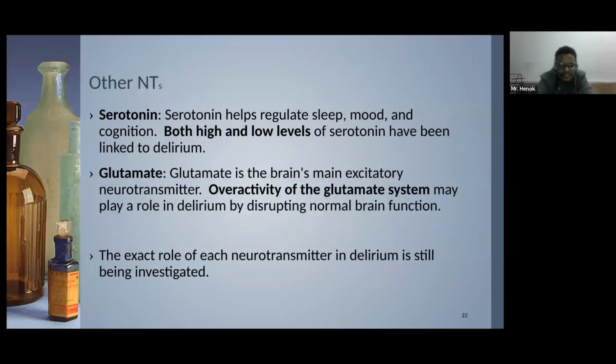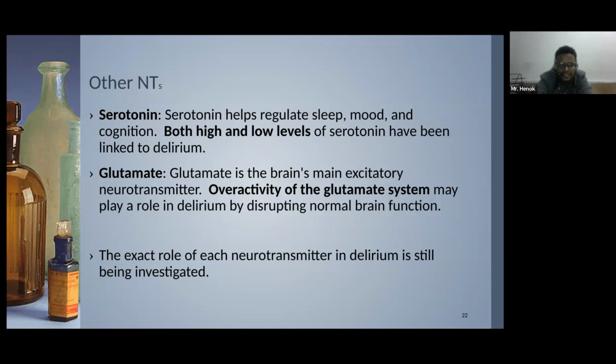Other neurotransmitters that are involved in the pathogenesis of delirium are serotonin and glutamate. Both high and low levels of serotonin are linked to delirium, especially a high level of serotonin.